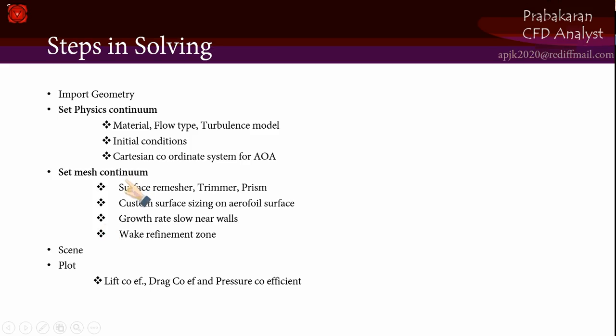So we need a proper mesh at the surfaces in order to capture the important features like the leading edge and trailing edge, and in the boundary layer region over the aerofoil we need a fine mesh, whereas near the boundary of the tunnel we need some coarse mesh. These terminologies you will come to know sometime after. However, this is the way I am going to proceed.